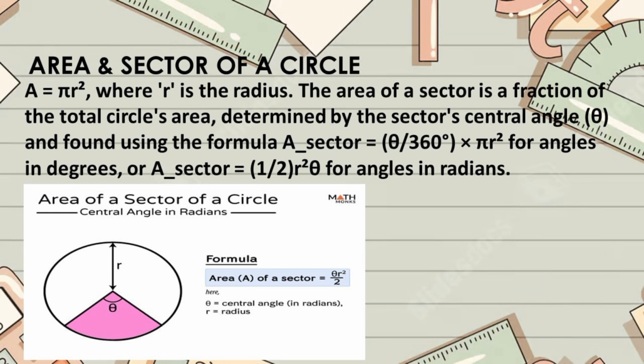The area of a sector is a fraction of the total circle's area, determined by the sector's central angle, called theta, and found using the formula A sector equals theta over 360 degrees times pi r squared for angles in degrees, or A sector equals 1/2 r squared theta for angles in radians.